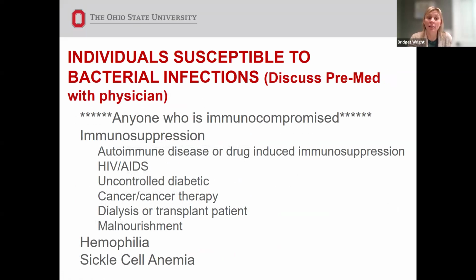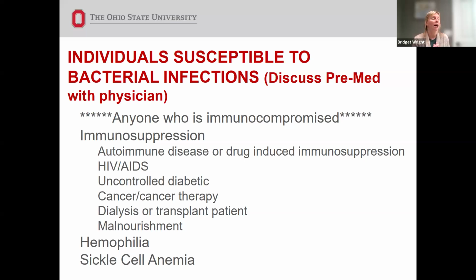Okay, so if your patient does require a pre-med, then they would also be patients that would maybe be immunocompromised. So that would be anybody who has HIV, autoimmune diseases. Oftentimes, they'll be prescribed medications that lower their immune system so that it's not fighting against itself quite as much.